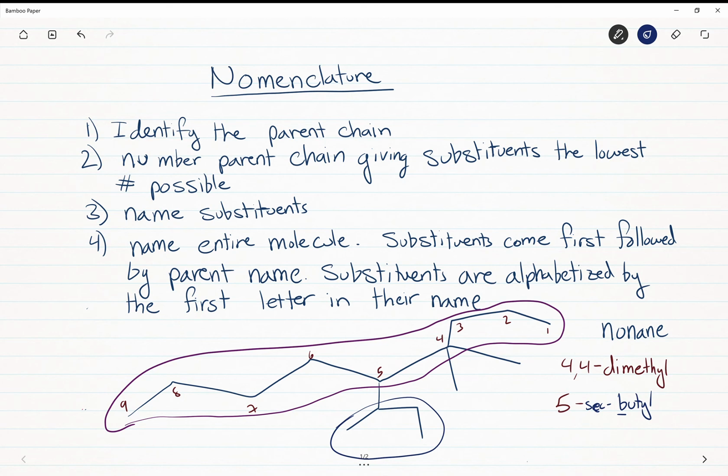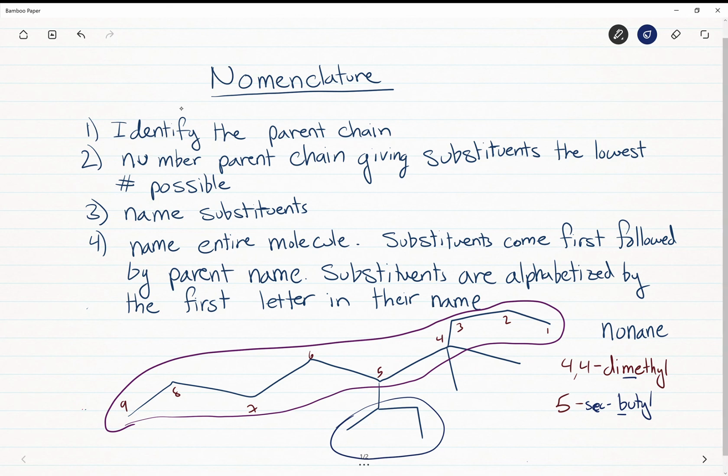For the dimethyl, we do not go with the prefixes. So di, tri, and tetra are not what we focus on for alphabetizing. We fall back on the name of the substituent being methyl. Here we're trying to figure out, does butyl come first or does methyl come first? All we have to do is know that B is before M in the alphabet.